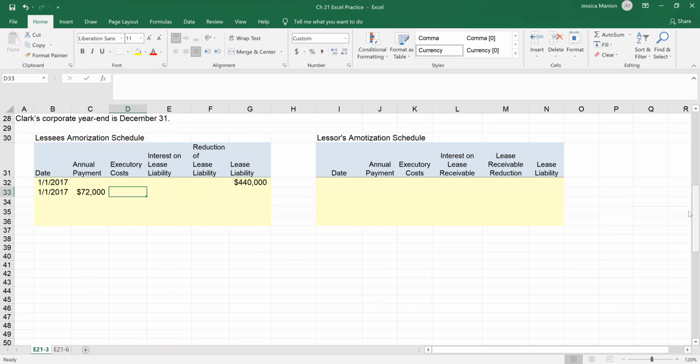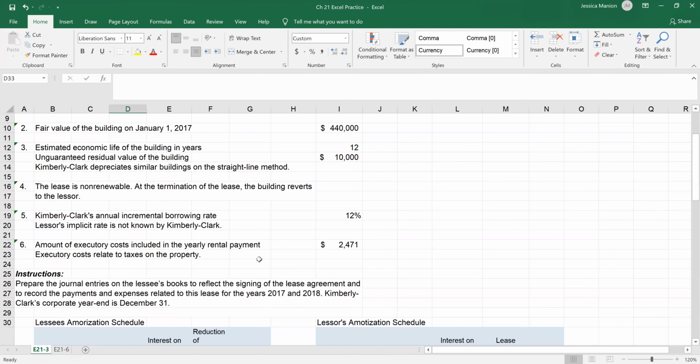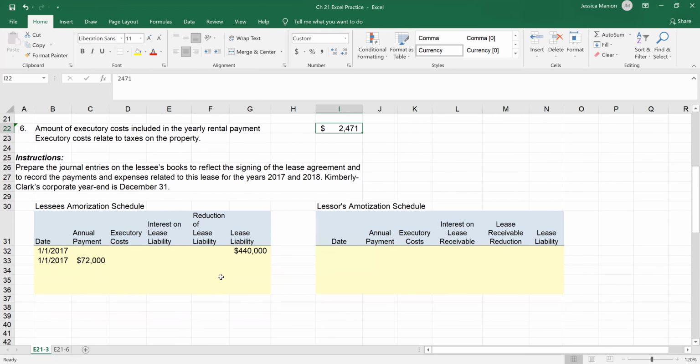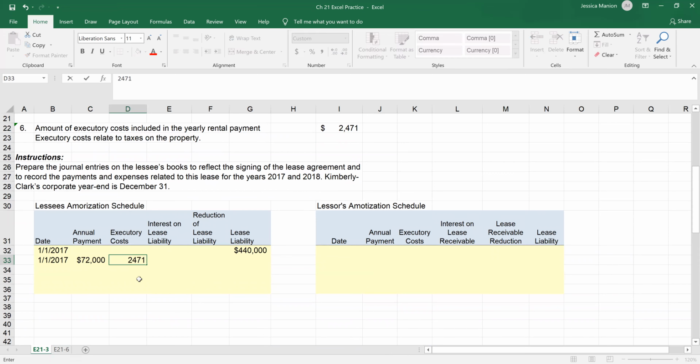And then the executory costs, they give us here 2471. So those are our executory costs, 2471. What ends up happening is we take that annual payment minus the executory cost when figuring our reduction on the lease liability. Since it's the first year, this is only our first payment.